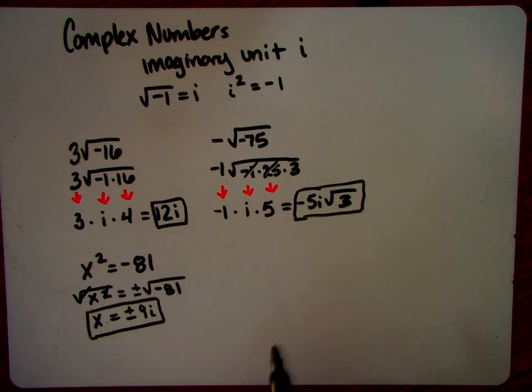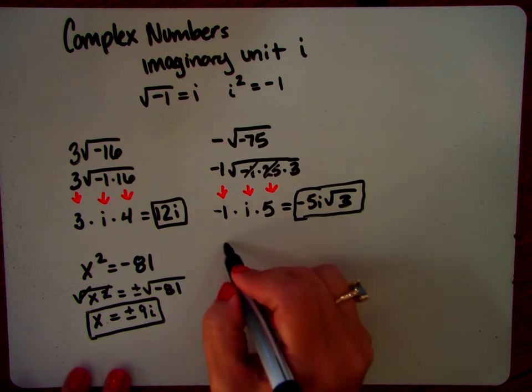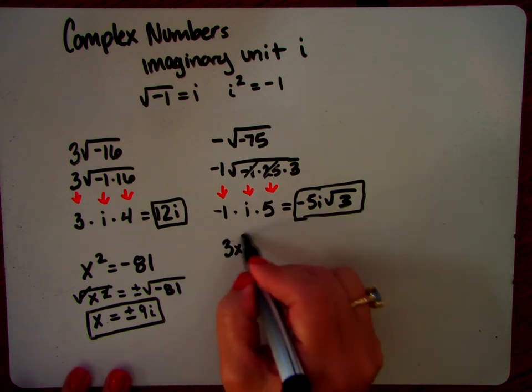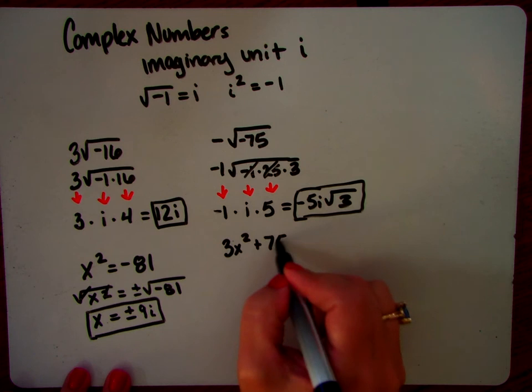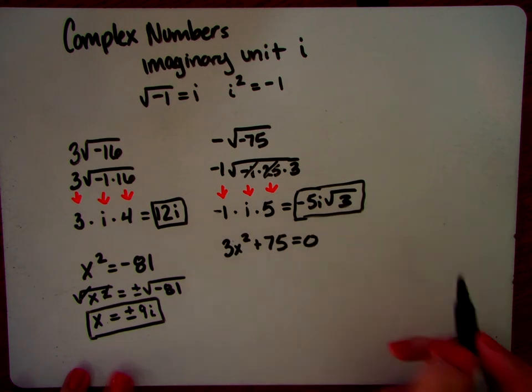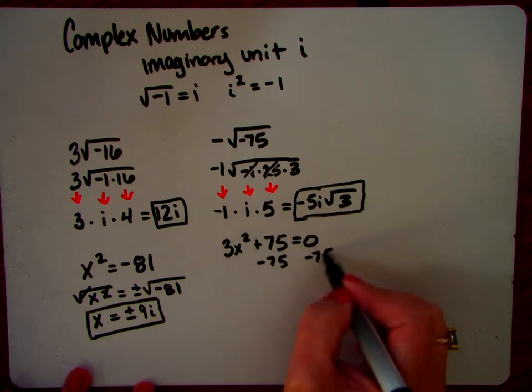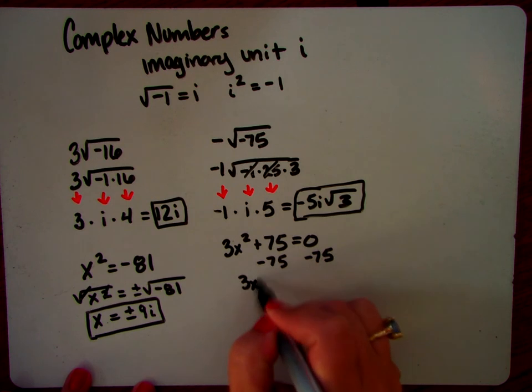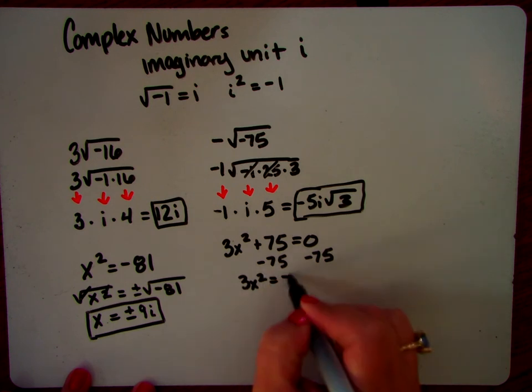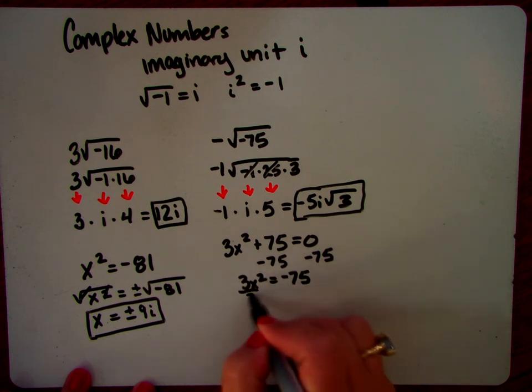You may get an equation that's a little larger, so 3x squared plus 75 equals 0. You're going to move your 75 over first. So we're slowly getting everything away from your x. Divide by 3.